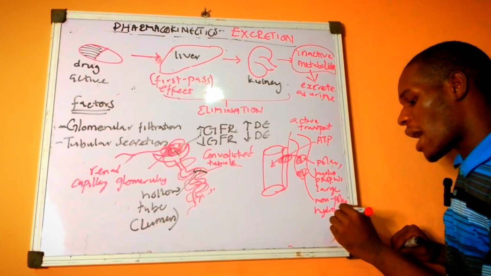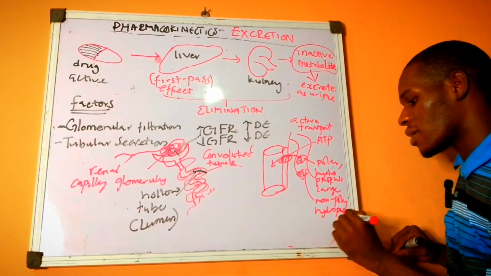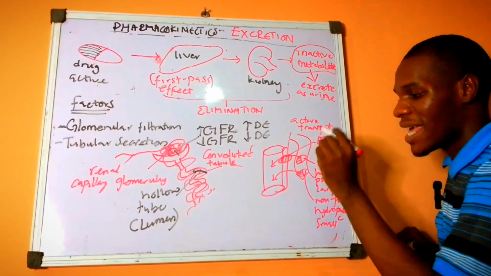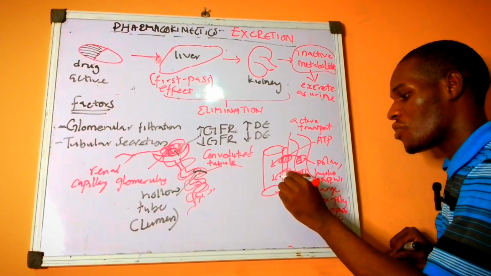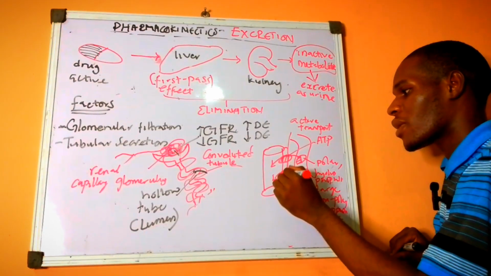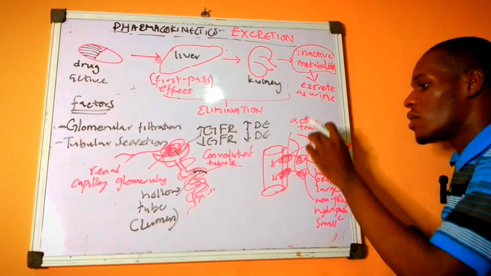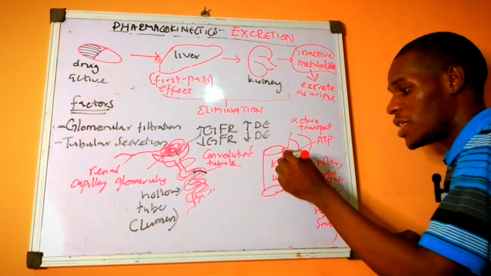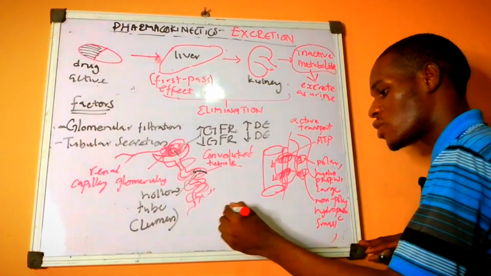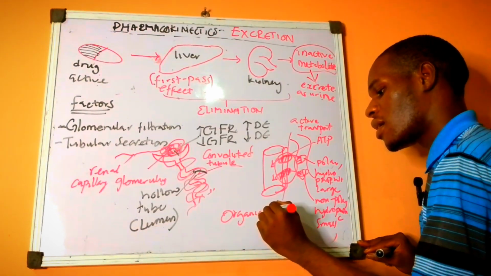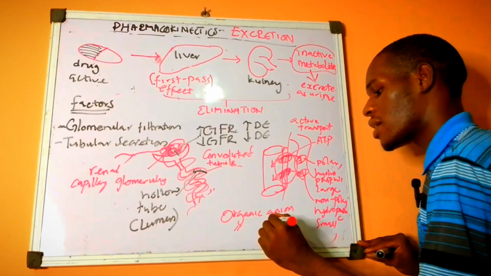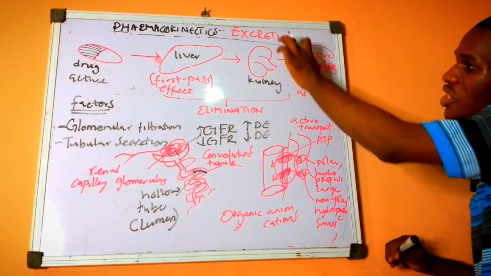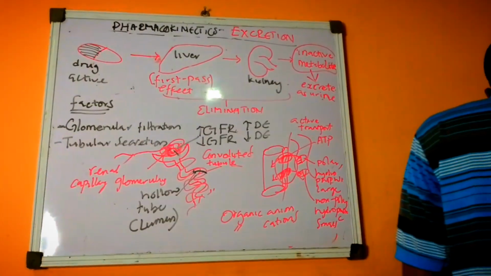Drugs that are non-polar and hydrophobic or lipophilic, and they are small, will also be transported against their concentration gradients by carrier proteins that undergo active transport and use energy in the form of ATP. These transport molecules are referred to as organic anions and organic cations. So this can also affect the excretion of a drug.